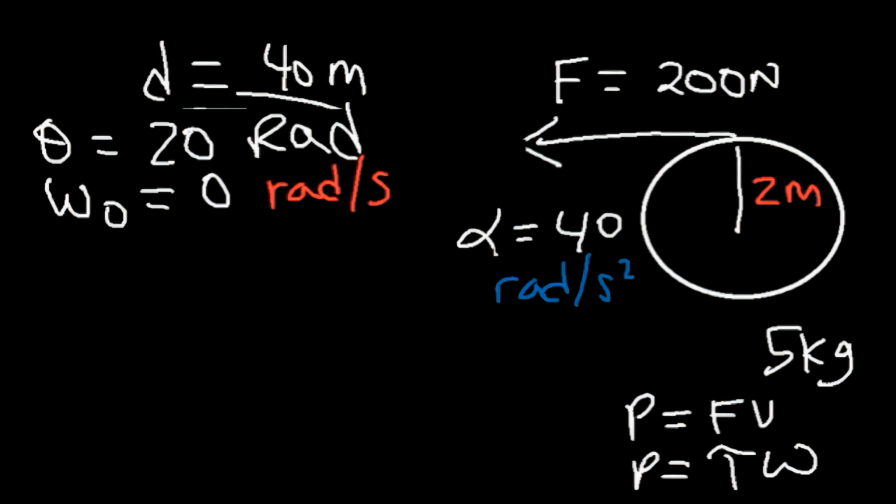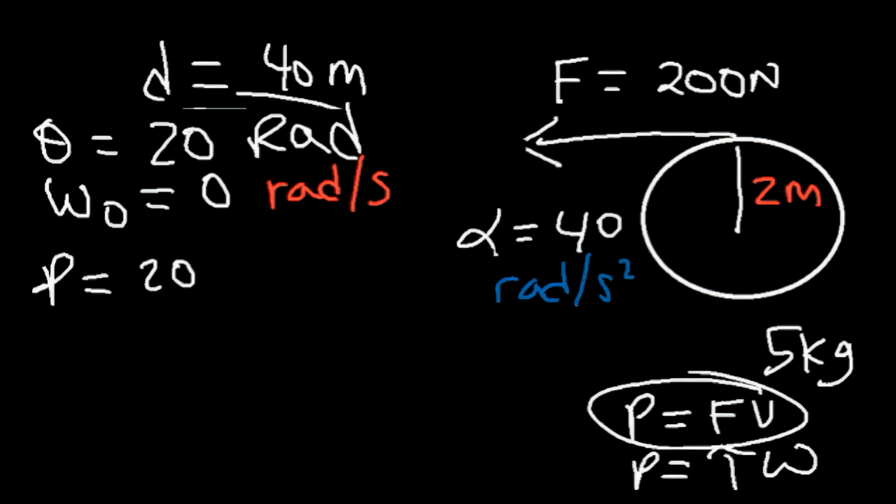Now let's calculate the instantaneous power using this equation. So we know the force is 200 newtons. Now what is the angular speed? I mean, not the angular speed, but the tangential speed, or the tangential velocity. We know that v is equal to w times r.